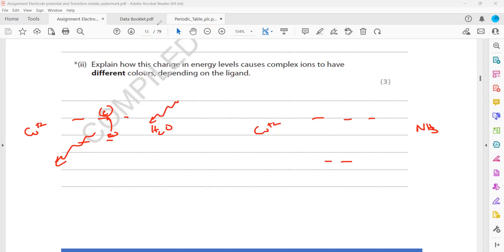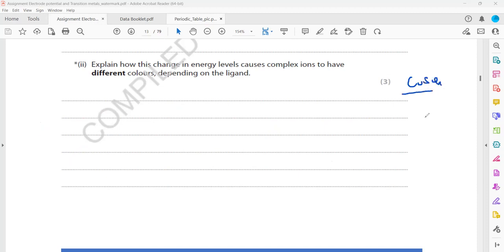Copper sulfate solutions appear blue in color. Whenever you see a copper sulfate solution, it is blue. Blue is not the one which is absorbed, blue is the one which is not absorbed. So the same thing happens.